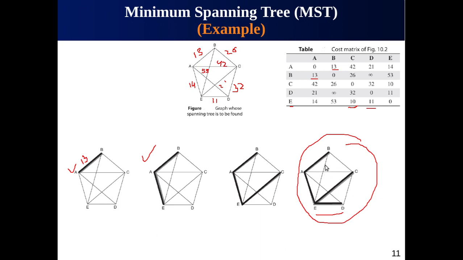So we can see from this graph that we have 1, 2, 3, 4 edges. And if you calculate the number of vertices, there are 5. So 5 minus 1, meaning n minus 1, equals 4. There is the formula. It fits.